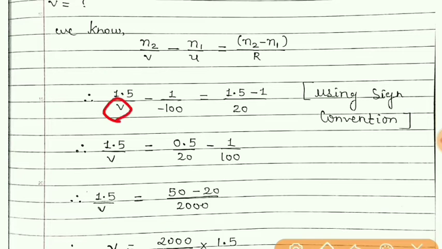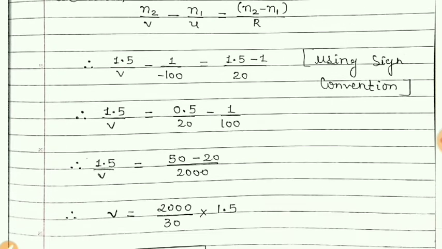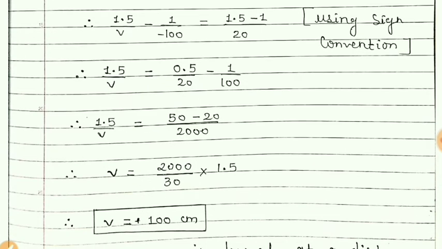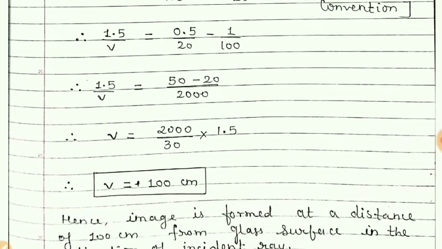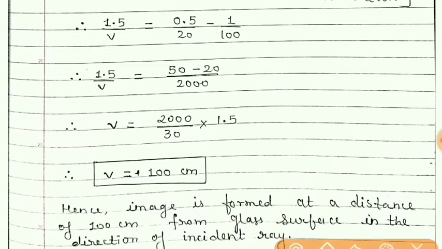The unknown is only v. Now students, next is up to you. Whatever mathematics you have to apply, simplify it and obtain the value of v. So the image distance will be 100 centimeter. It is obtained as positive.